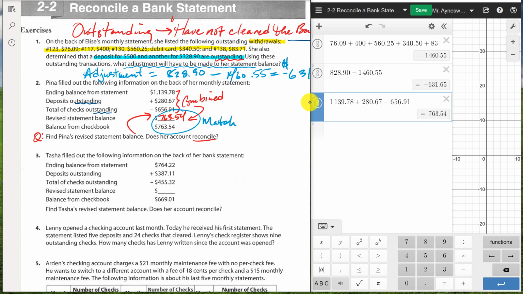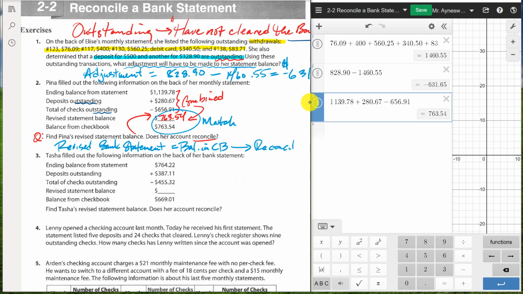All right, they're equal. So the revised bank statement equals the balance in her checkbook. Because of that, we say it reconciles.